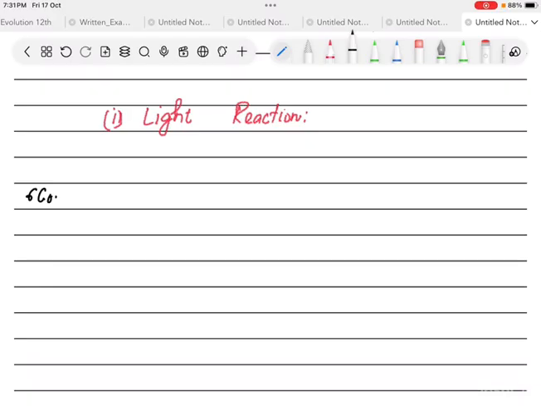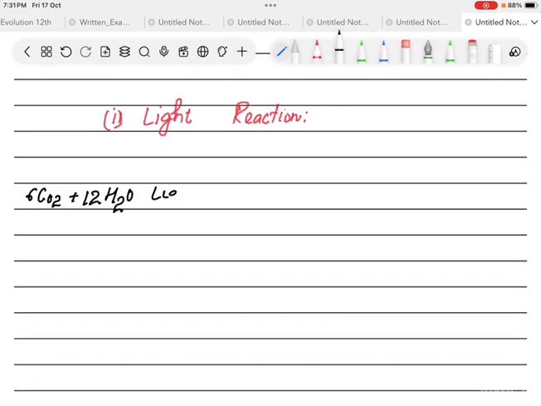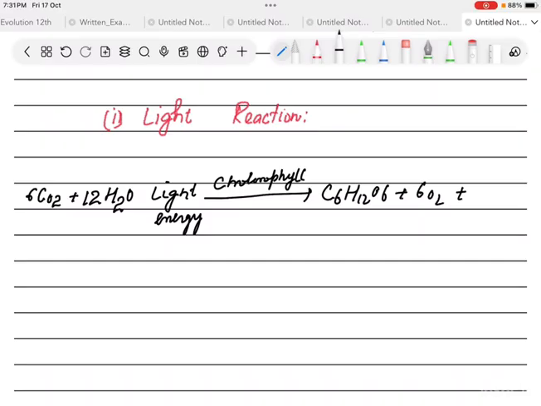We require 6 times carbon dioxide, 12 times water, light energy, and in the presence of chlorophyll, we get C6H12O6, and we also get some amount of oxygen and some amount of water as well. Fine. What happens during light reaction? This water is broken down.